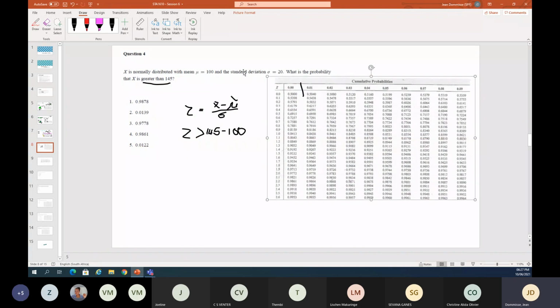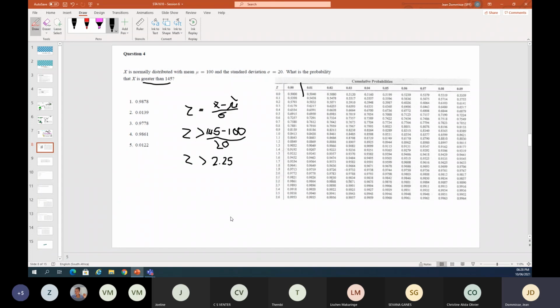There it is. And the standard deviation is 20. So Z bigger than 145 minus 100 gives you 45. 45 divided by 20 gives you 2.25. So Z bigger than 2.25.